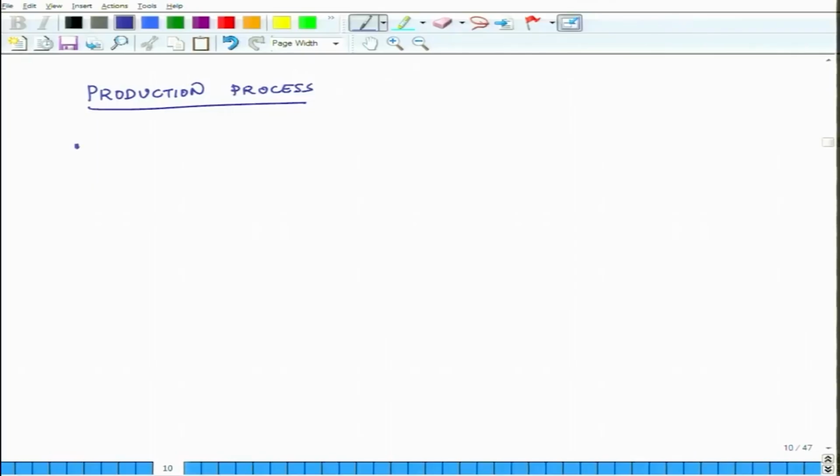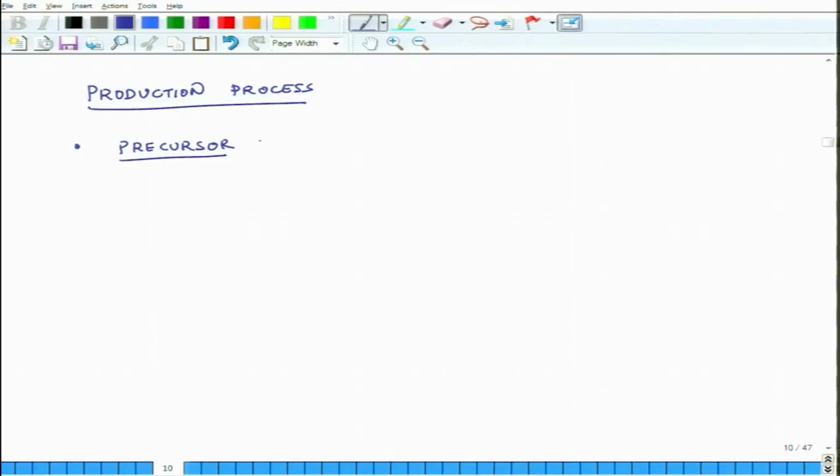To produce a graphite fiber you need some raw material. The raw material used for graphite fiber is called a precursor. Okay. That is the raw material.